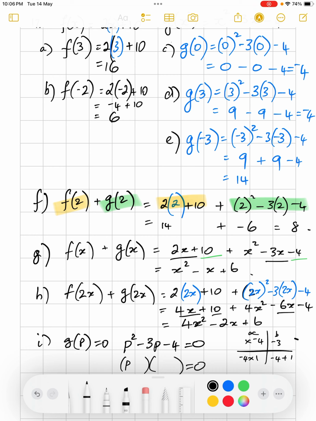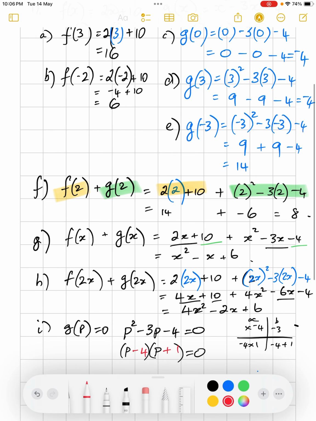So I write p here, and the two numbers are negative 4 and plus 1. And that is factorizing. Therefore, p minus 4 has to equal 0, or p plus 1 has to equal 0. Therefore, p is equal to 4, or p equals negative 1.